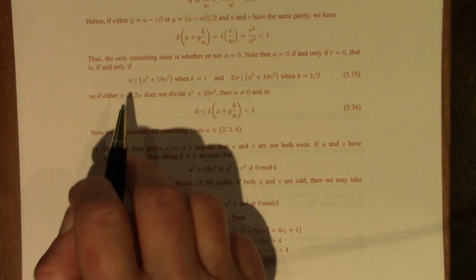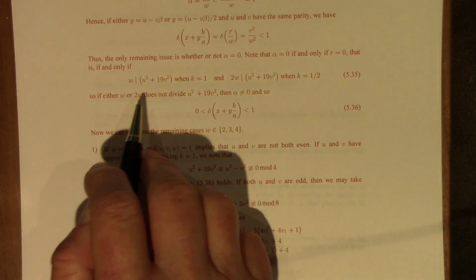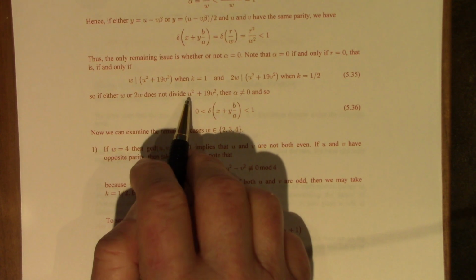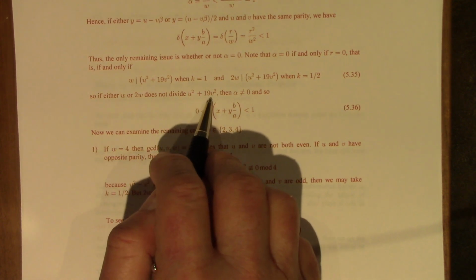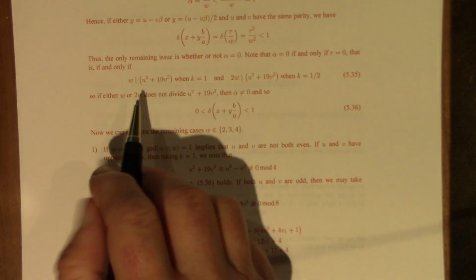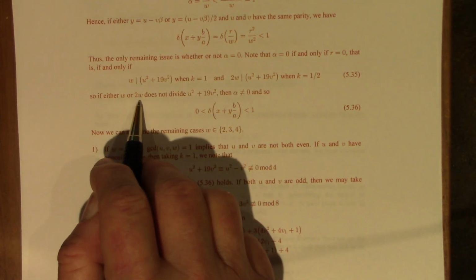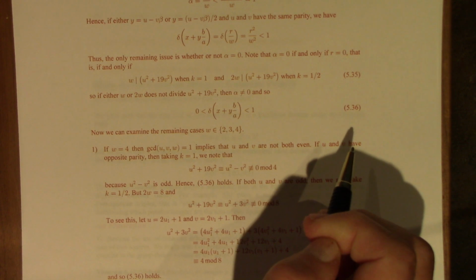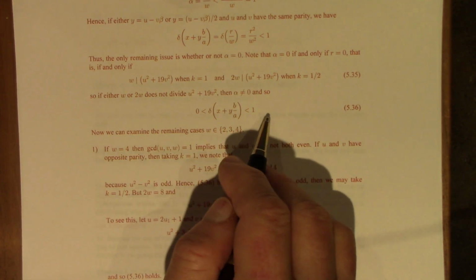So, if either w or 2w does not divide u squared plus 19v squared, and in the case of 2w not dividing it, we have to have u and v the same parity, alpha is not 0. And we are finished.